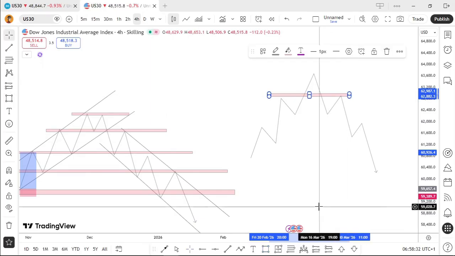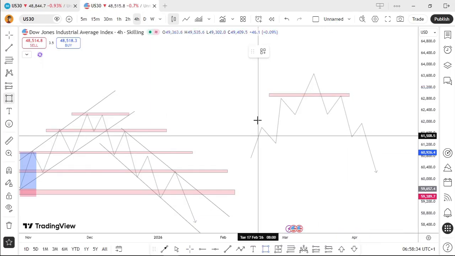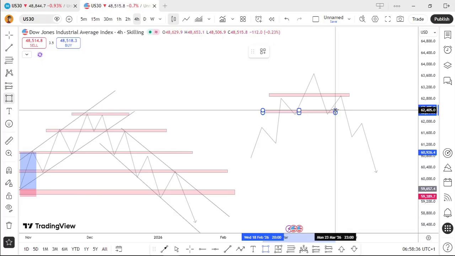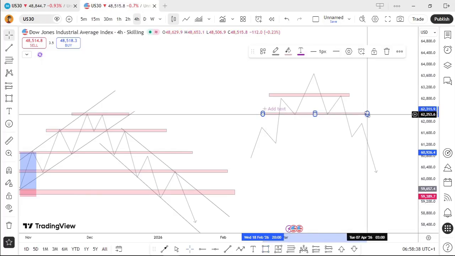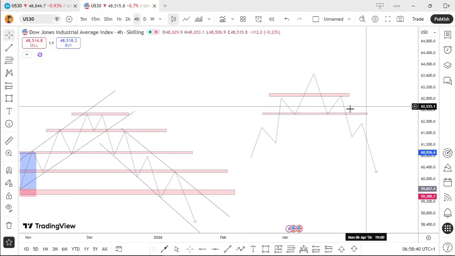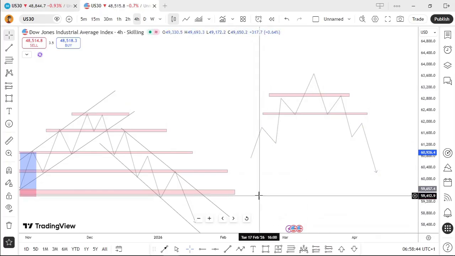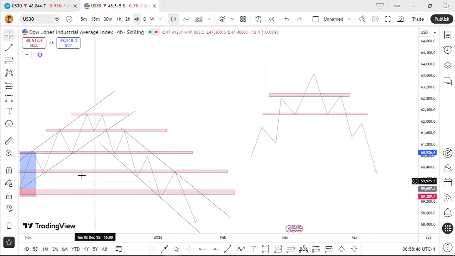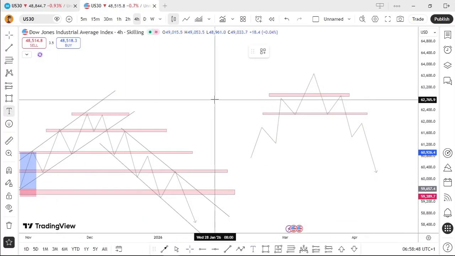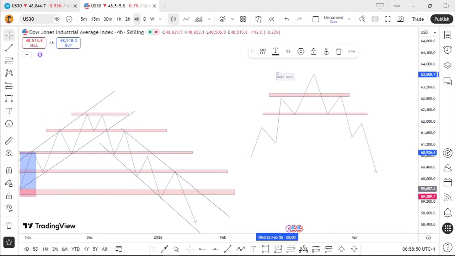Those turning points are still the areas of support and resistance. So when we talk about chart patterns, this is what we call the head and shoulder pattern.